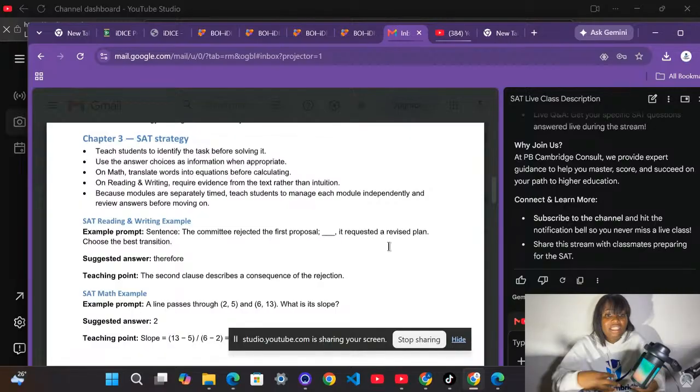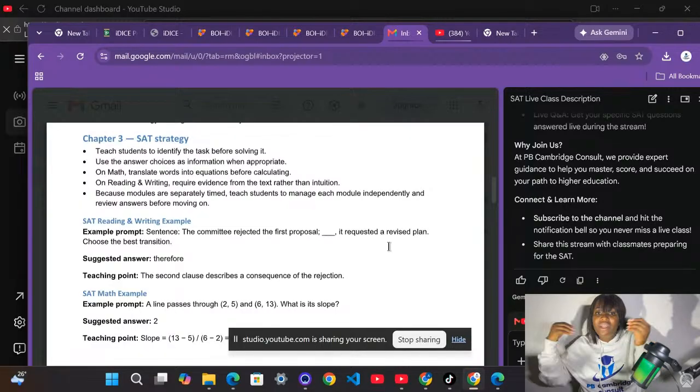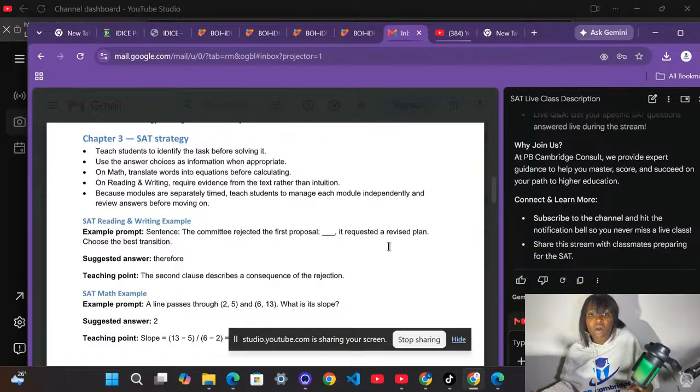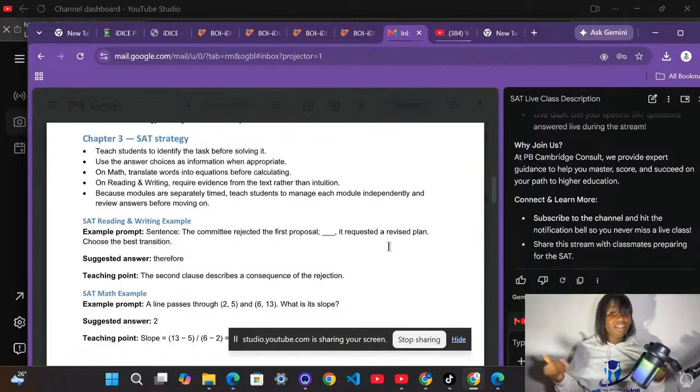We transitioned from the committee rejecting the first proposal to them requesting a revised plan. Why did they reject the first proposal?